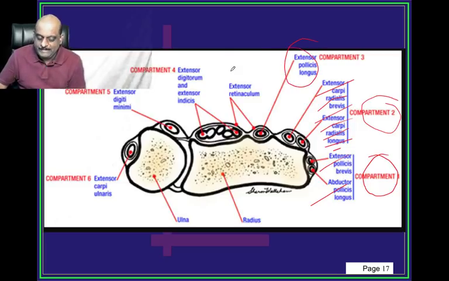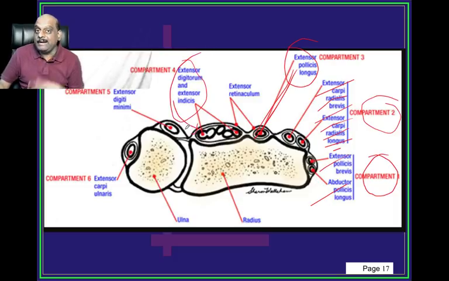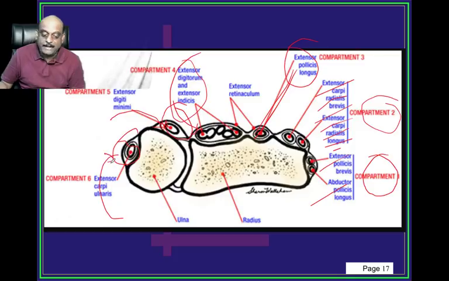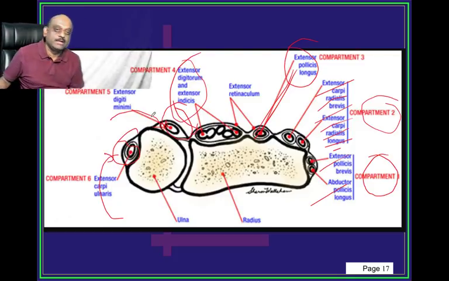Compartment 3, you are having extensor pollicis longus. Then compartment 4, extensor digitorum and indicis. Compartment 5, extensor digiti minimi. Compartment 6, extensor carpi ulnaris.